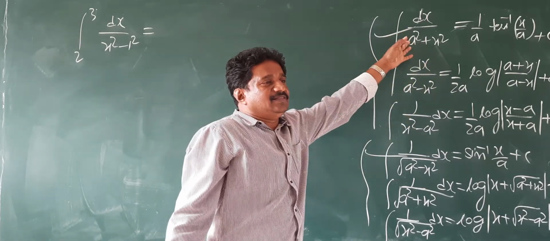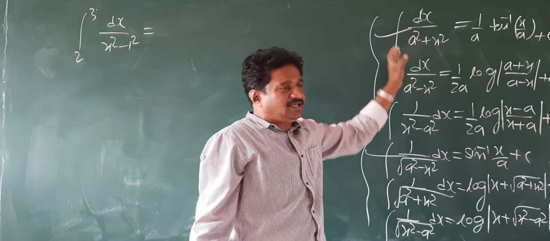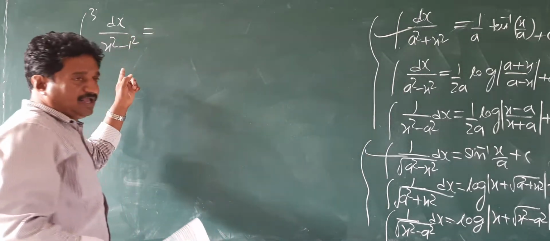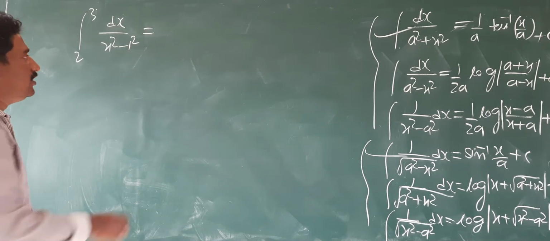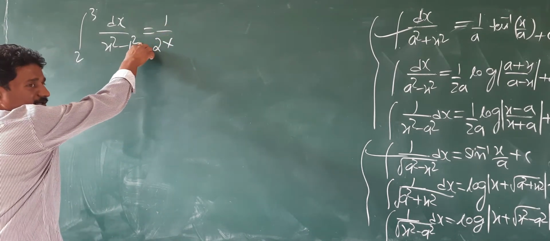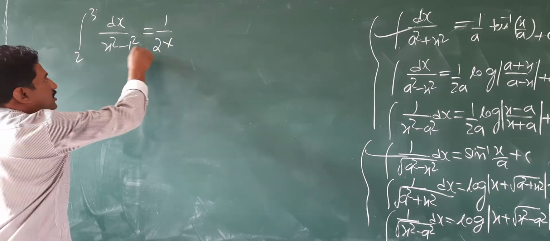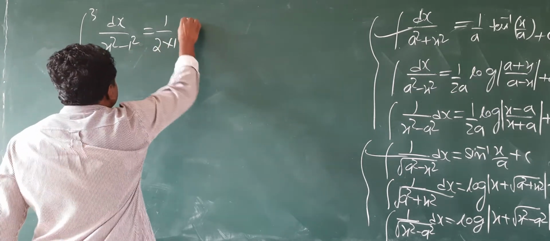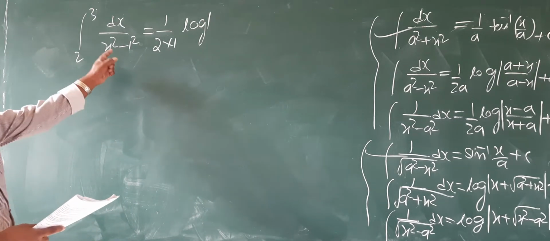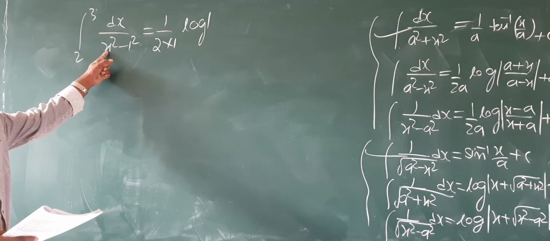So it should be 1 by 2a log: a square, 1 square, a is 1. It is getting started from x.